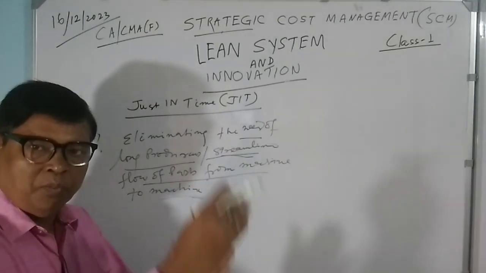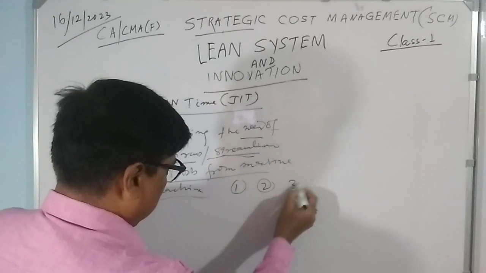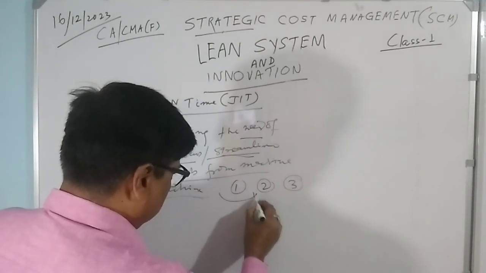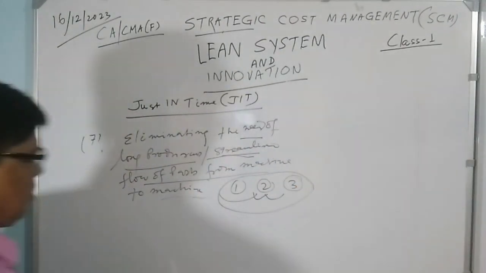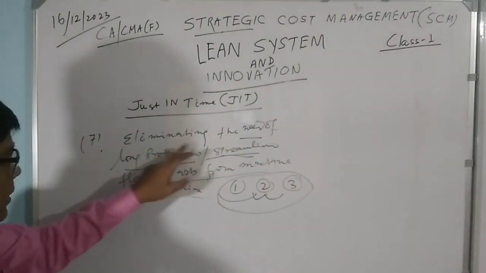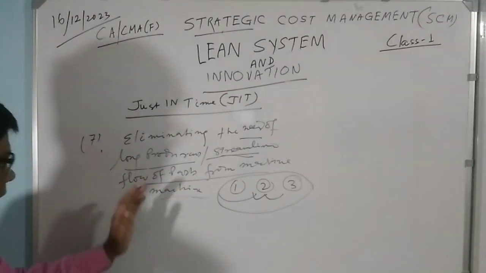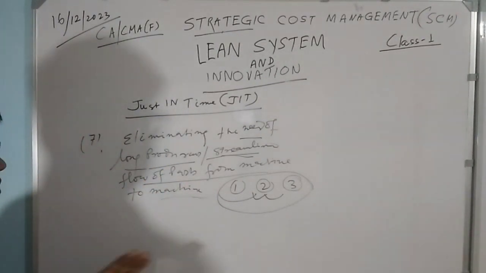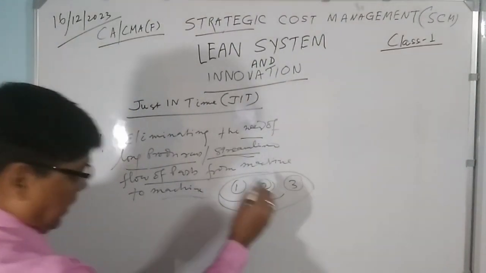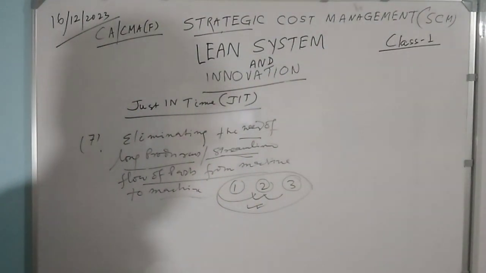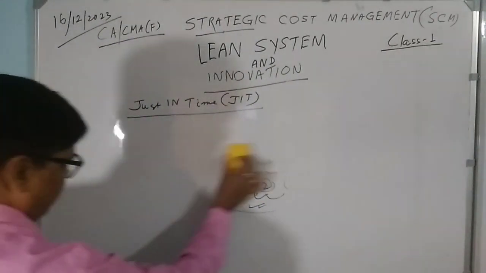Your parts movement from one machine to the second machine to the third machine should be continuous. There should be no blockage in between. So you have to make a streamline so that the flow of parts from machine to machine is a continuous process. So this is the seventh point.